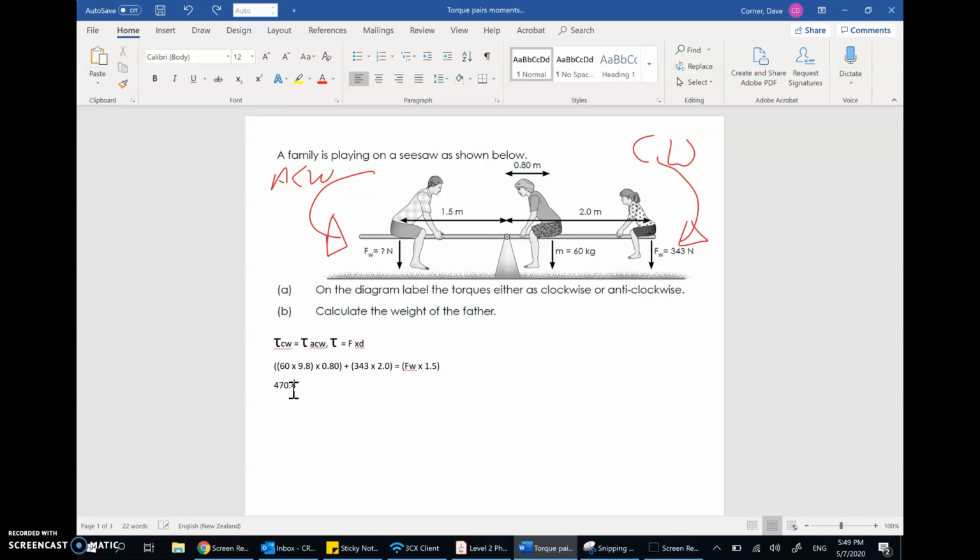So that becomes 470.4 for the mother, add 686 for the daughter, that is equal to Fw times 1.5. That gives us 1156.4 equals Fw times 1.5. Then we divide both sides by 1.5 to find Fw, and you should end up with Fw, or the weight force of the father, as 770 newtons.